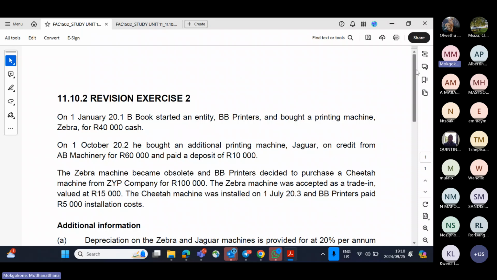They are saying BBOC, the name of the individual person, started an entity, B Printers. B Printers is the name of our business, and bought a printing machine called Zebra for 40,000 cash.